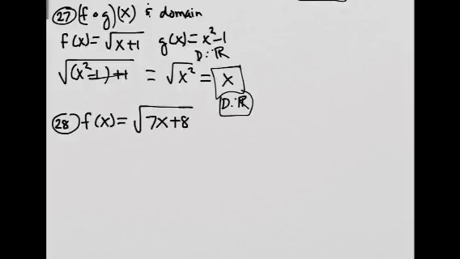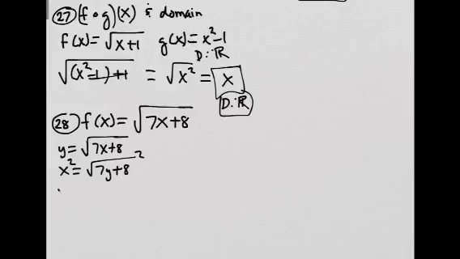Alright, for the inverse, there are 4 steps. First, we switch out the f of x, make it a y. And then we switch the x and the y. And now we solve for y. So I need to square both sides.